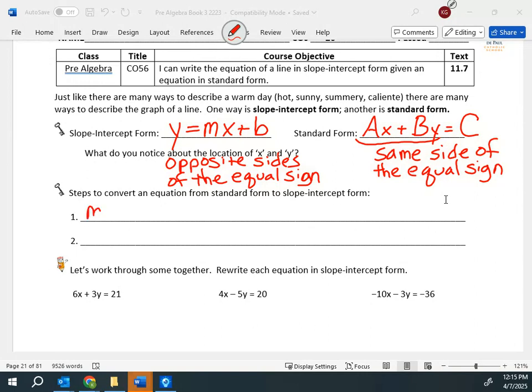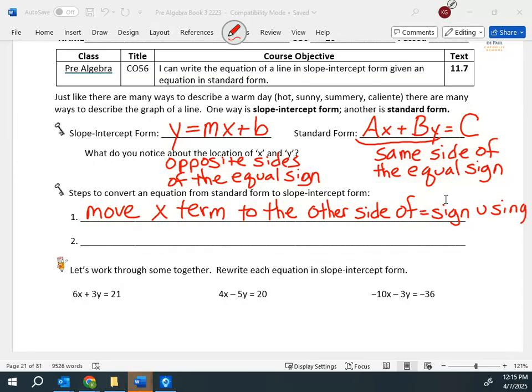We're going to move the x term to the other side of the equal sign using opposite operations, which we have done before.